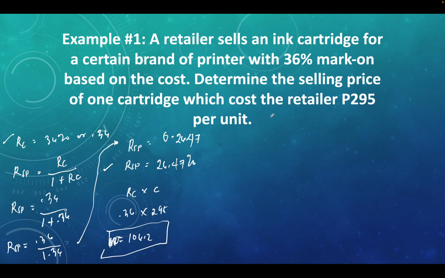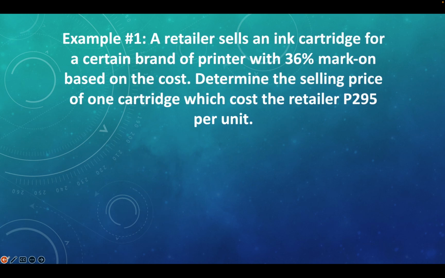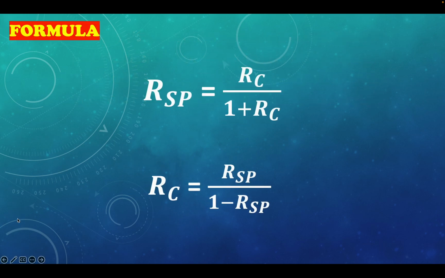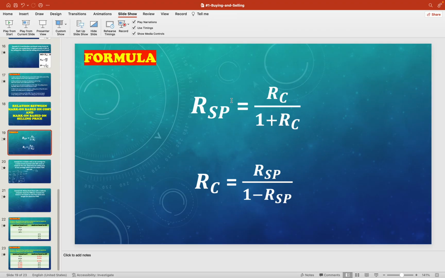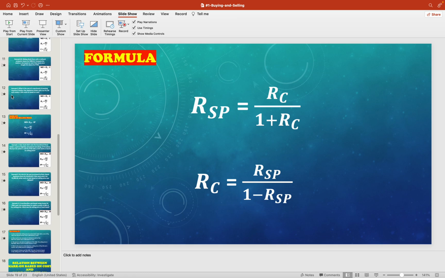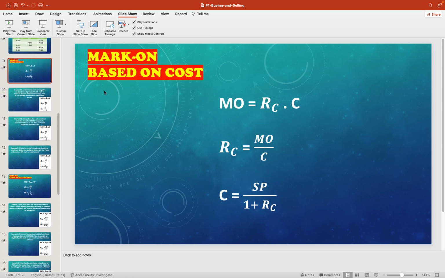So, since nawawala yung selling price natin, kunin muna natin yung selling price natin. As you remember from the past lesson, we have cost is equals to the selling price all over 1 plus rate based on cost. Check lang natin kung tama. Okay, so cost equals selling price over 1 plus RC.